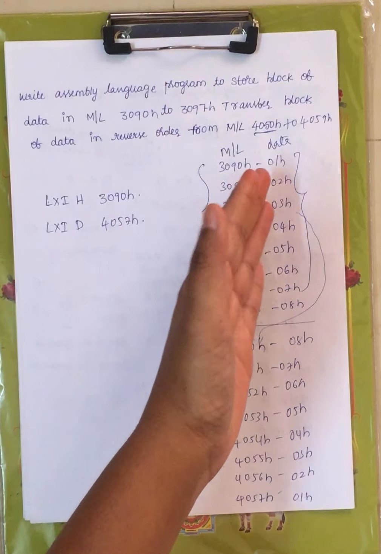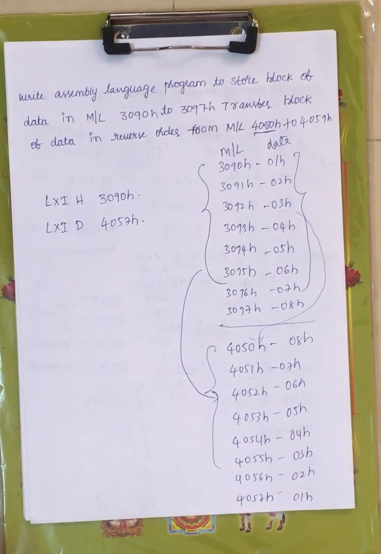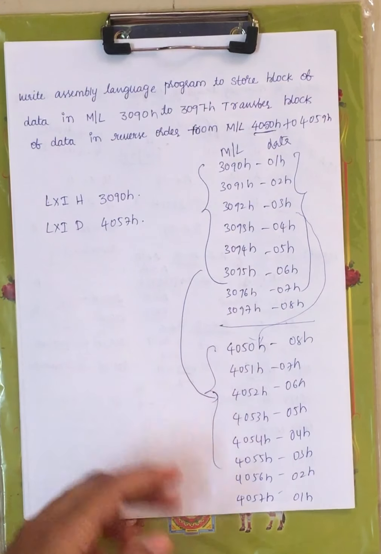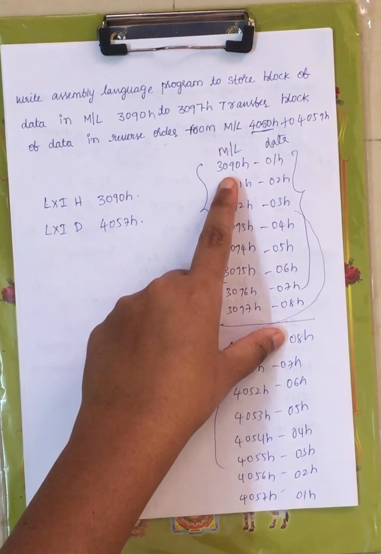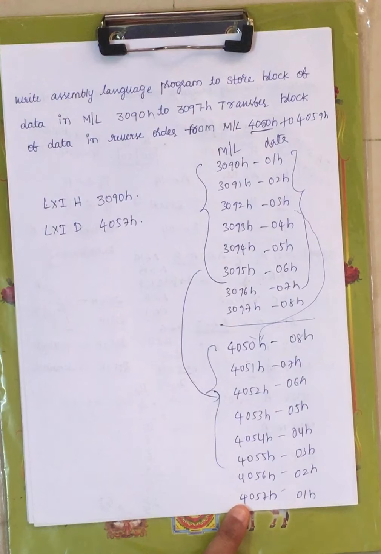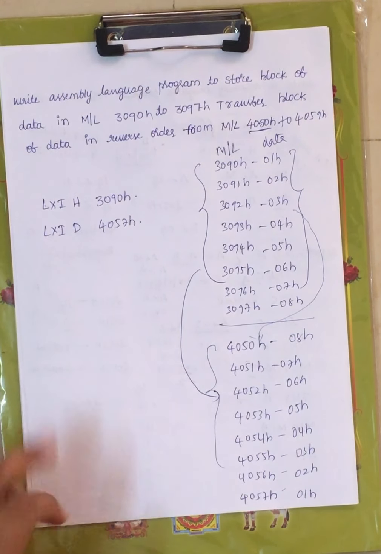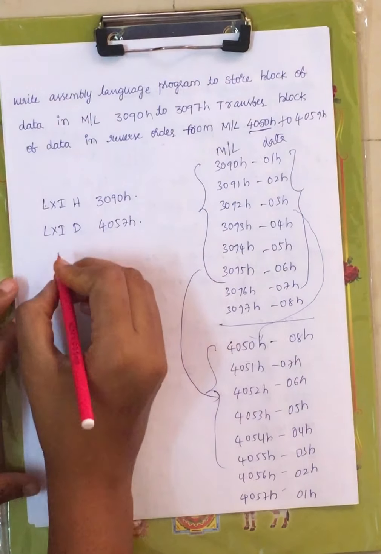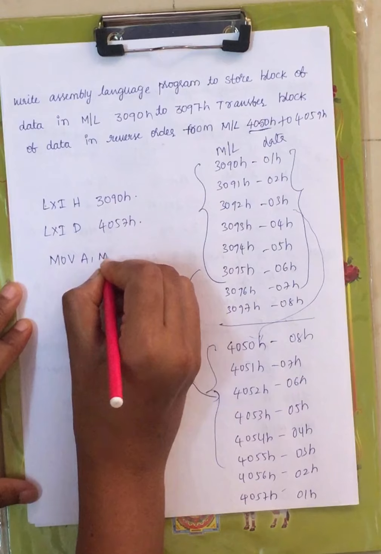If you want to transfer the same data in the same order, you have to take it as 4050H, right? Since it is reverse order, that's why I am taking 4057H, right? Now the data under 3090H has to be moved to the memory location 4057H. That's why I have taken these memory locations with two different register pairs, HL and DE, right? Now MOV A, M, right?